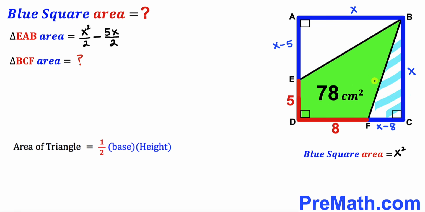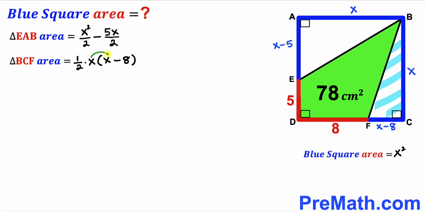Now we are going to calculate the area of the other triangle BCF as well. We use the very same area of a triangle formula once again: area equals a half times base times height. Here the dimensions for this triangle are x and x minus 8. So we can write a half times x times x minus 8.